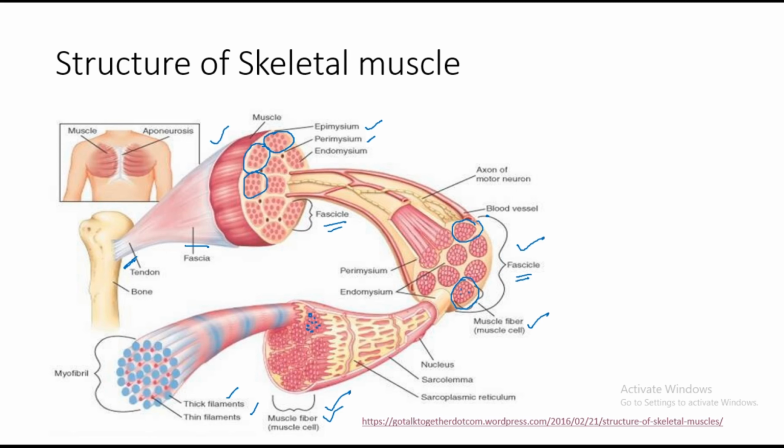This is how the structural organization of skeletal muscle looks. Again we have the nucleus. Each of these is a muscle fiber, and again we have the nucleus and cellular structures. This is the sarcoplasmic reticulum, and the sarcolemma means the cell membrane. Inside the muscle fiber we have a number of small threads, which are called myofibrils.